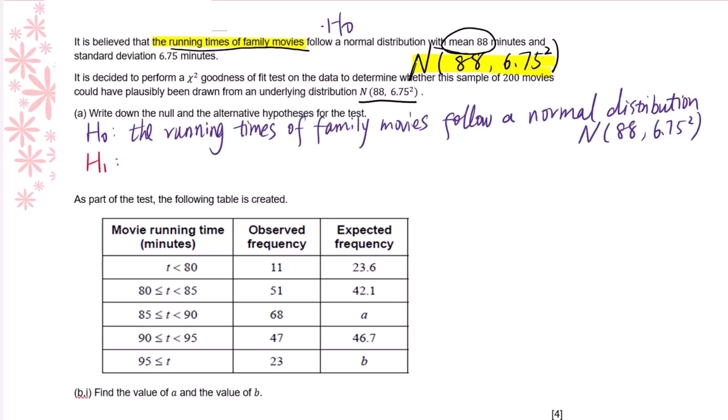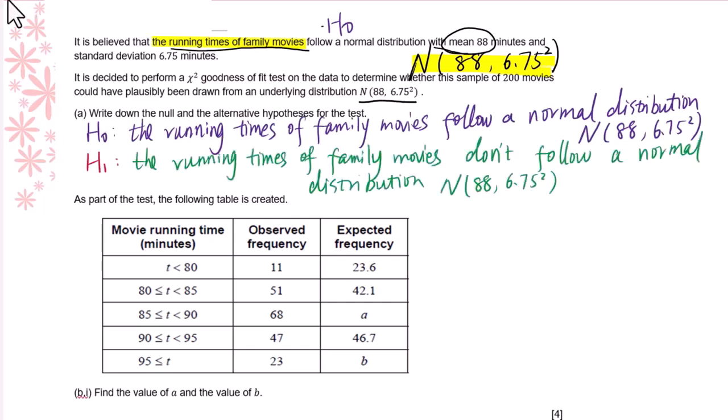H1 will be the opposite. H1: the running times of family movies don't follow a normal distribution N(88, 6.75 squared). As part of the test, the following table is created. Find the value of A and the value of B.